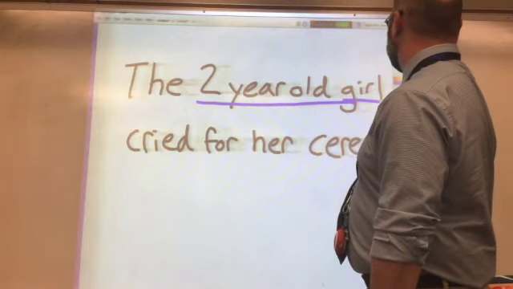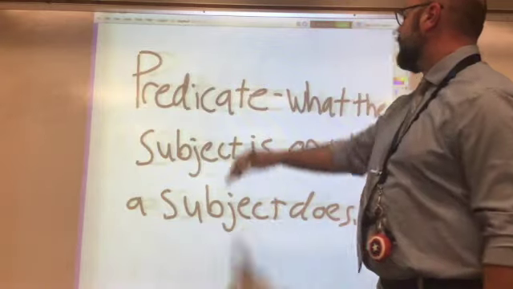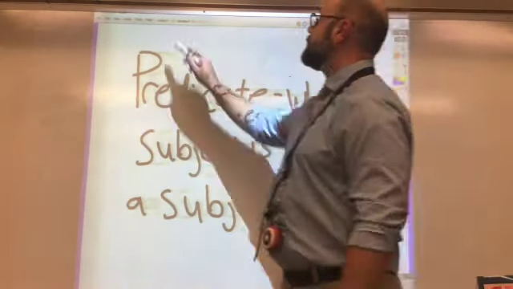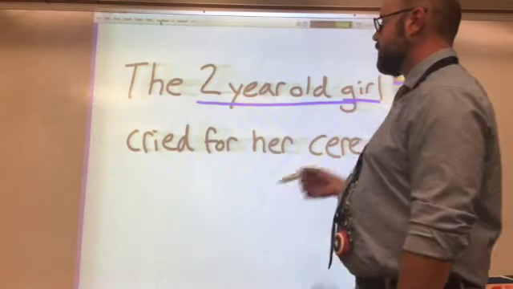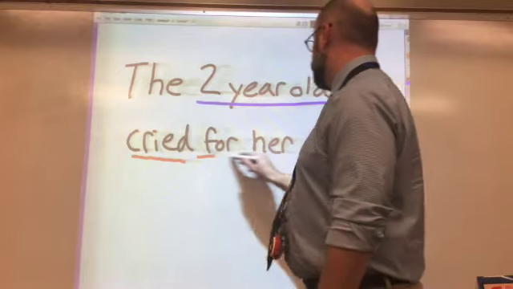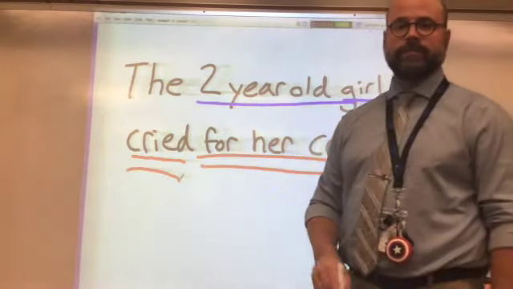What's our predicate? I'll use red for my predicate here. Predicate: what the subject is or what the subject does. In our case, the 2-year-old girl does what? The 2-year-old girl cried for her cereal. Complete predicate. Okay?